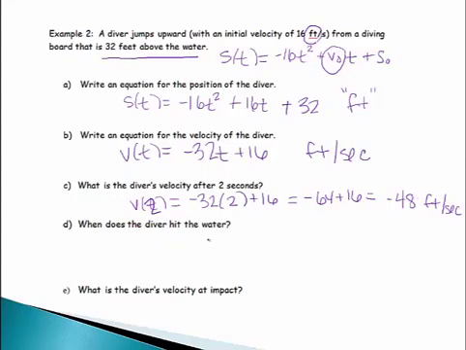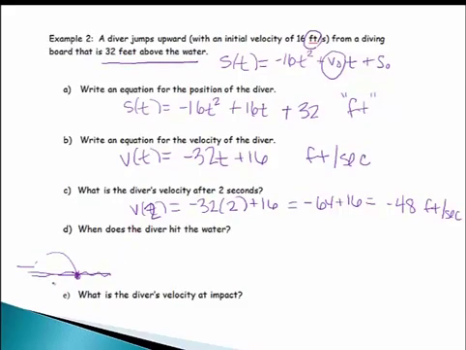When does the diver hit the water? Again, you have to remember this. Here's the water, I'll just do a squiggly here. You have a little diving board that's 32 feet above the water. The diver jumps upward, does whatever it needs to do, and comes back down. So when is it going to hit the water? What am I looking for?